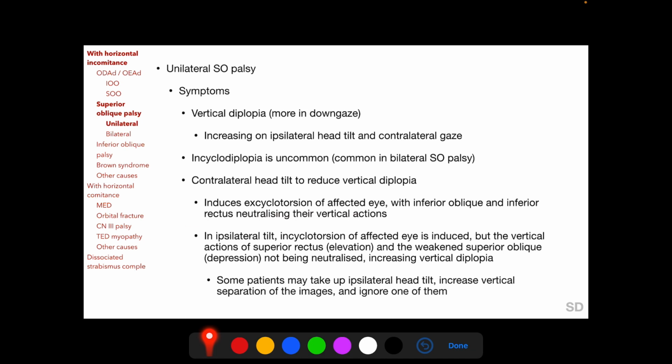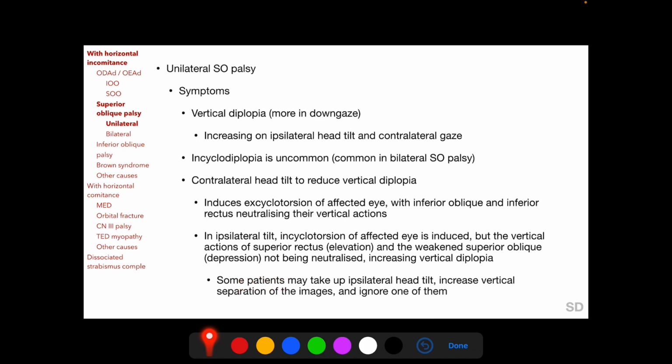But when the head is tilted ipsilaterally, incyclotorsion of the affected eye will be induced to maintain the eye in the primary position, and among the two incyclotorters, the superior rectus being normal and the superior oblique being weak, the vertical action of the superior rectus being elevation will not be neutralized by the weak depression of the palsied superior oblique muscle, increasing the hypertropia of the affected eye and increasing vertical diplopia.